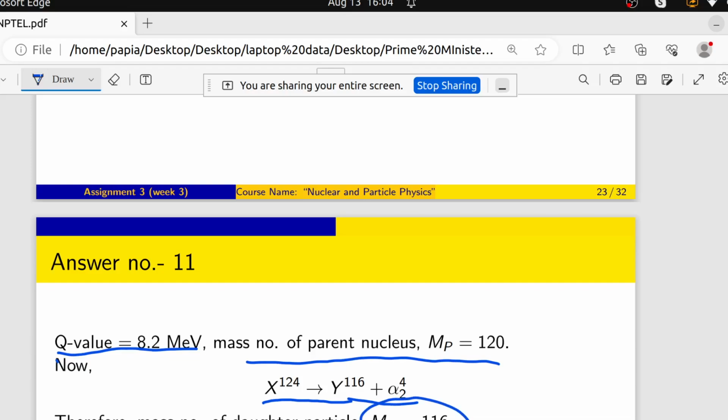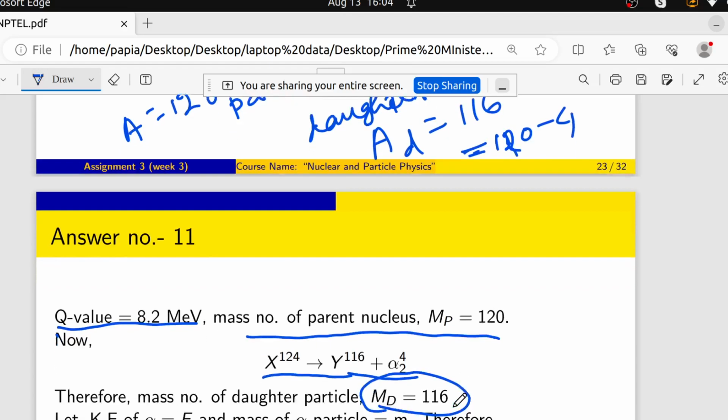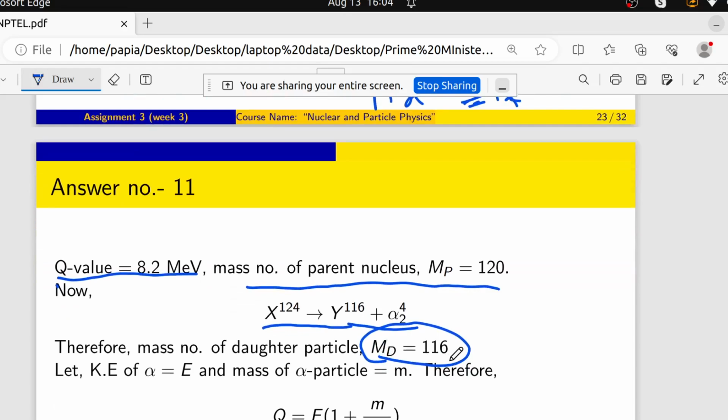Because we have A as 120 for the parent particle, in the daughter particle A will be 116, that is 120 minus 4, because it is undergoing alpha decay. So M daughter is 116.